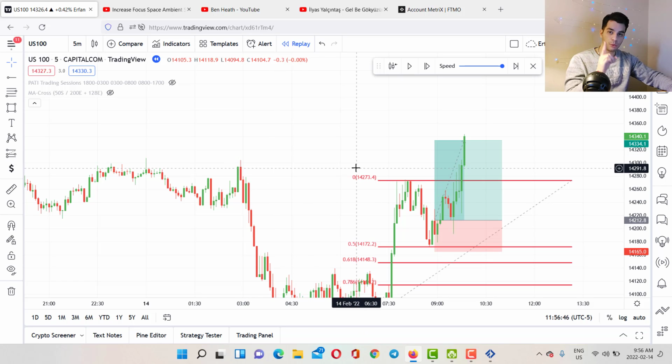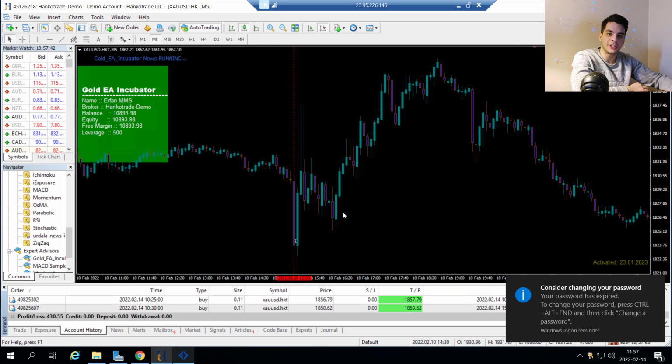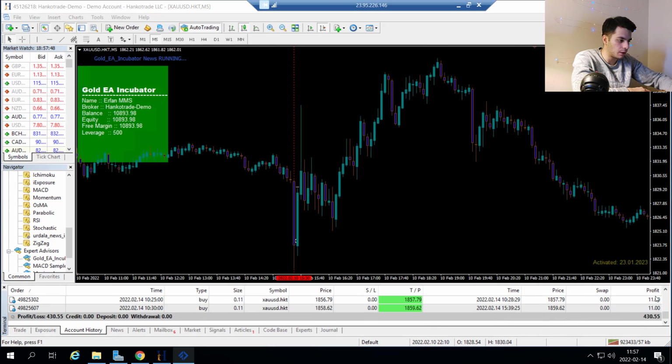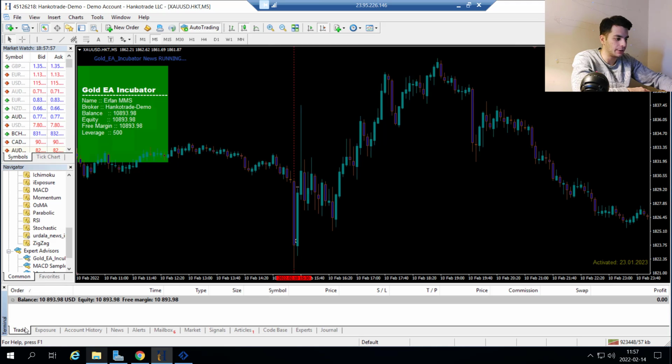And one more thing that I would like to show you before you go is something very, very interesting. Let's take a look at Goldie Incubator for today's date, February 14th. As you can see, we are up in profit, $430 in the last 2 weeks, and today, the 14th, it took 4 trades, $11 for each, and in total we are up 8.93%.